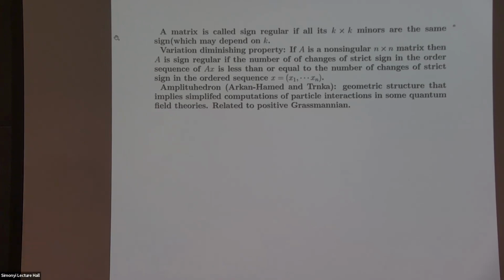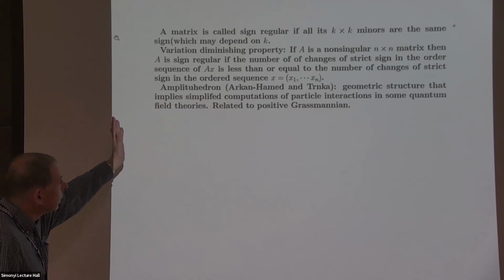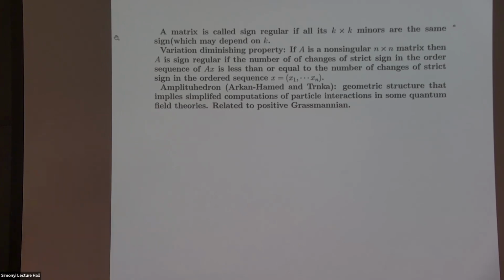So I take x, multiply it by A, and look at the changes of sign. You can show that if A is totally positive, then this is decreasing. So the number of sign changes decreases. That's an interesting property, and there's work in that kind of study of sequences.